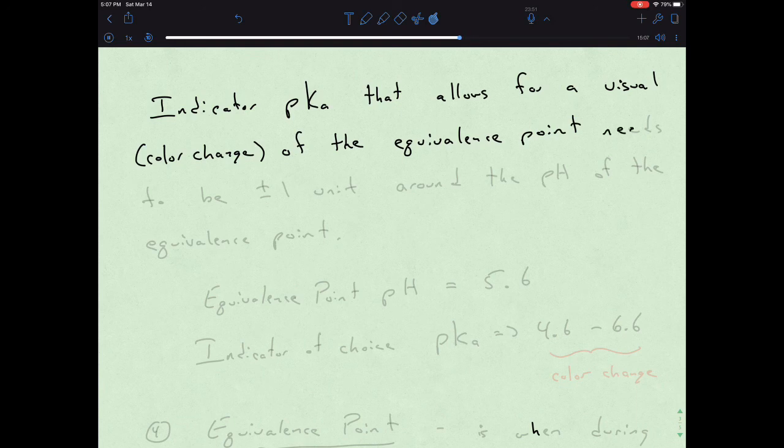That pKa needs to be plus or minus 1 unit around the pH of the equivalence point.